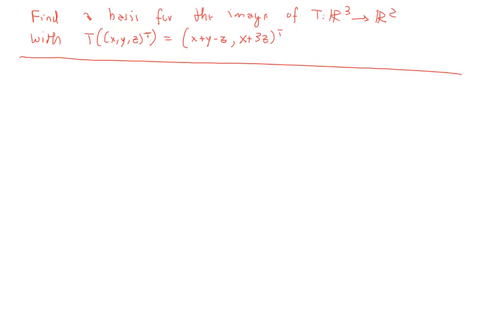Okay, let's do it together now. So finding generators here is very easy. So you just write down the image of T as a subspace. So it's all the x plus y minus z, comma x plus 3z for x, y, and z belonging to R. Okay, so this is your generic vector in the image.